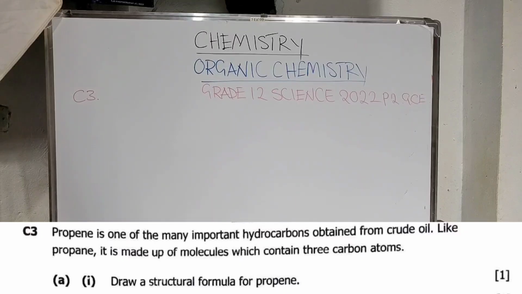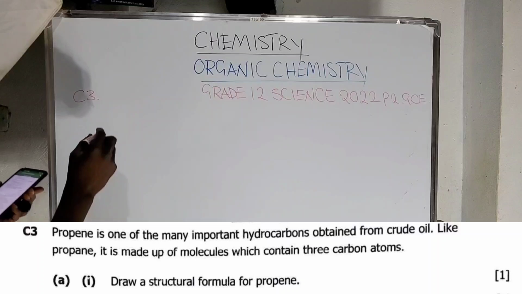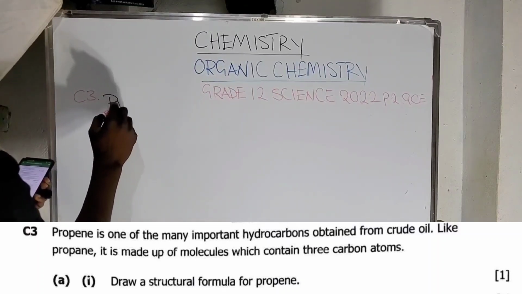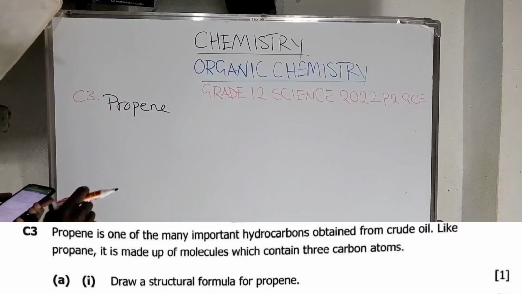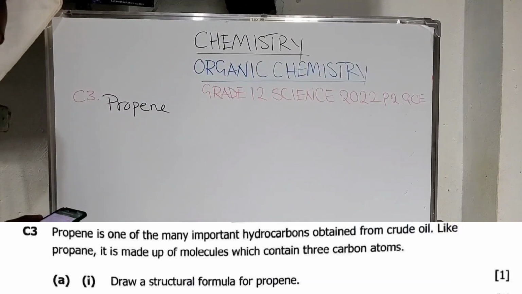So we are going to start with the first question. The first statement says, propene is one of the many important hydrocarbons obtained from crude oil, like propane.